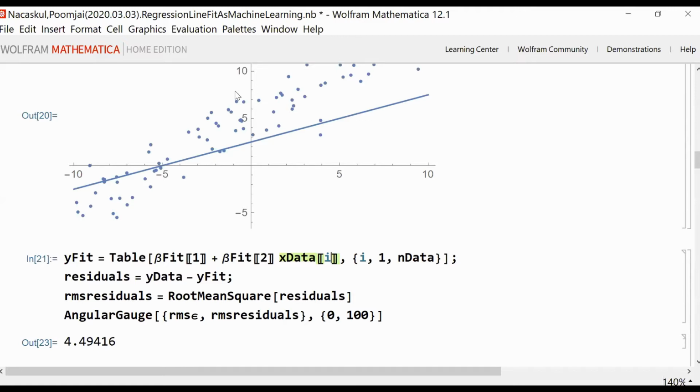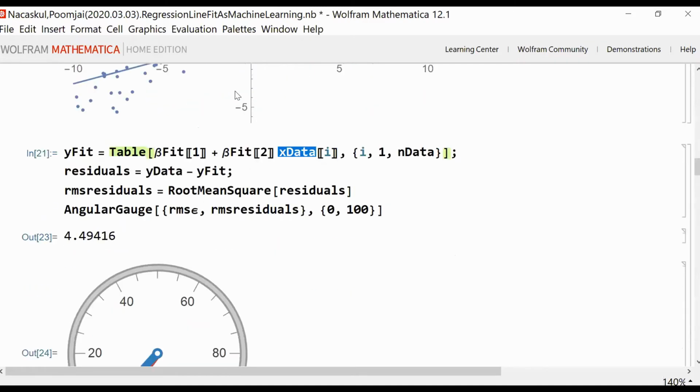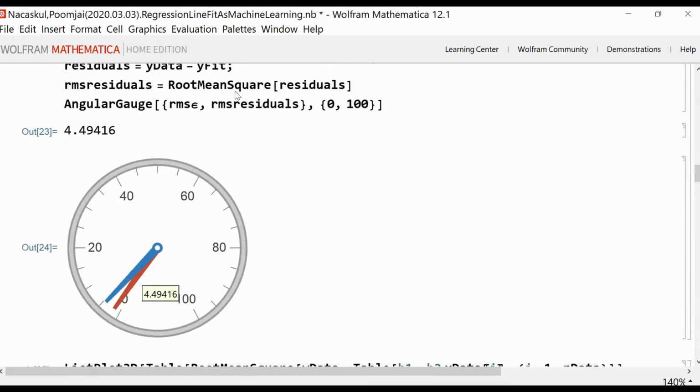Y estimate, this is the Y hat, is equal to beta 0 plus beta 1 times X. It's not going to fit perfectly because it's just a line. It's going to miss, and that's the error.